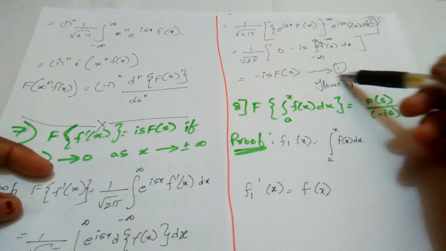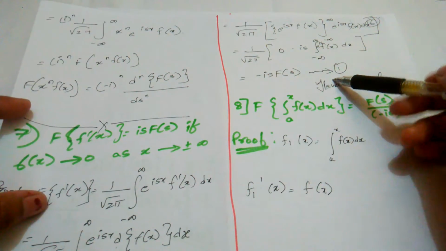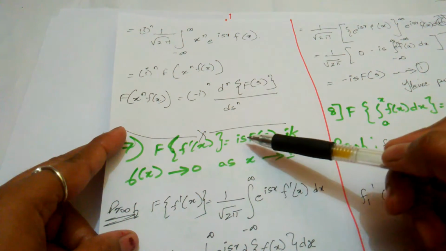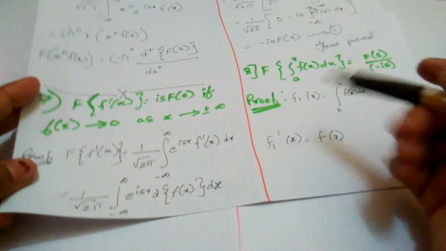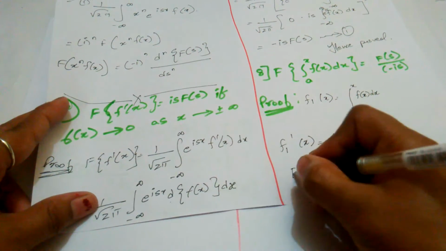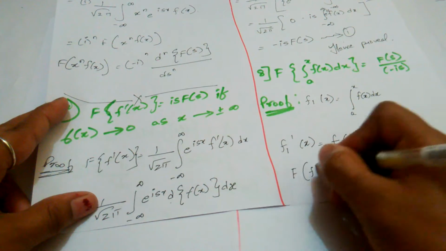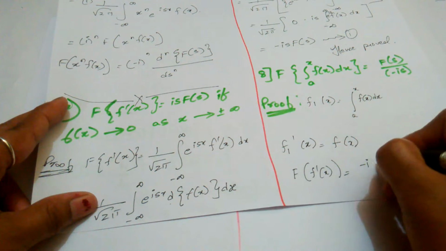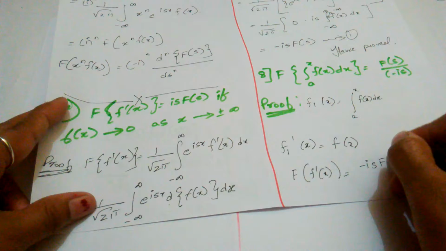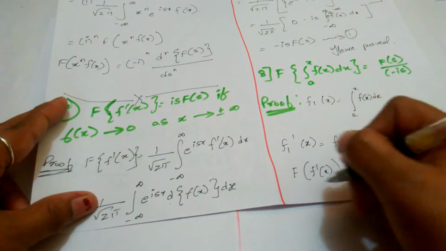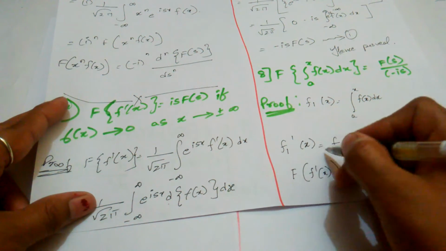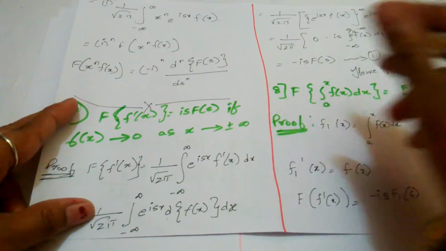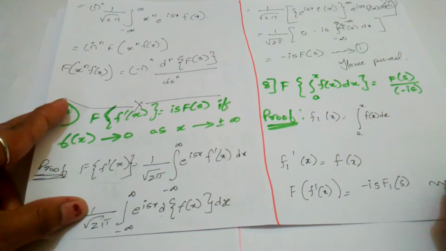See, we have marked this one as 1. Okay, what we have got is that F of f dash of x is equal to is F(s). Okay, so F of f1 dash of x is what? Minus i s F of, here it is with respect to f1, right? So it will be F of f1(s), we are referring to this. So you can mark this as from 1.